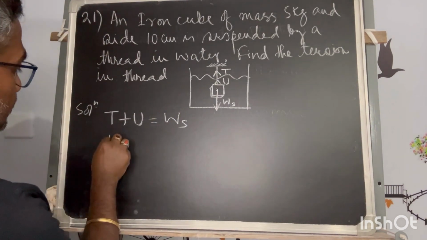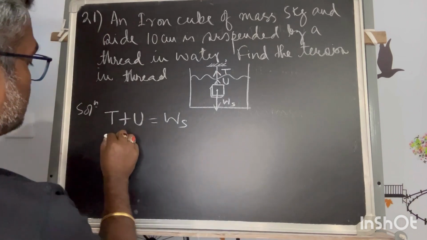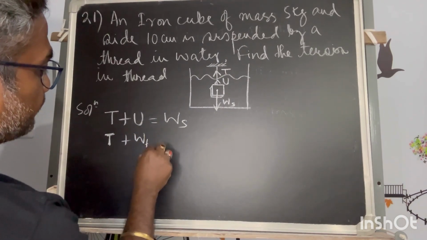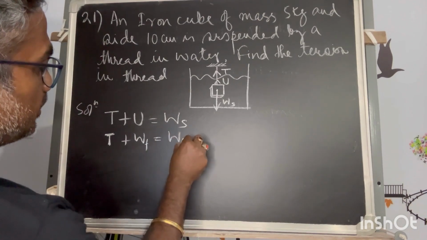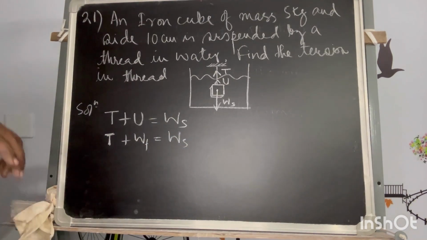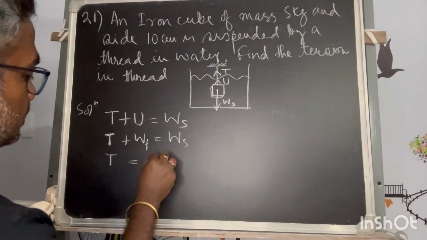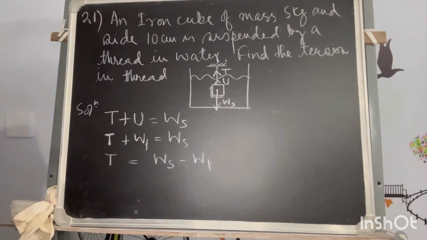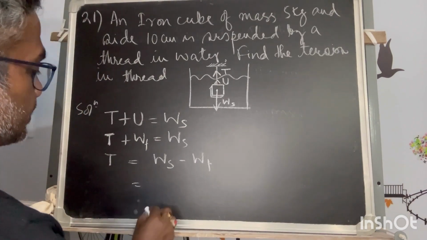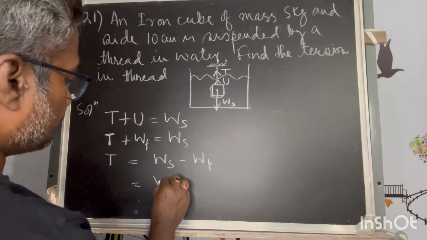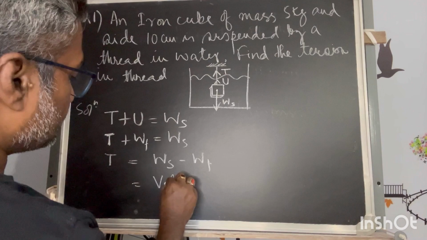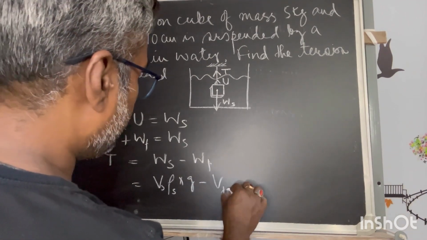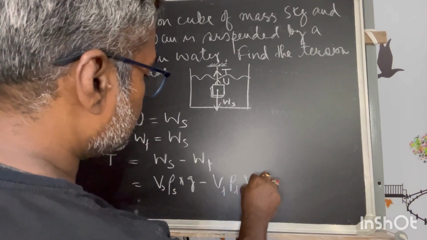As it is submerged, the tension plus the buoyancy, the weight of the fluid displaced by the solid, will be the same. So T is equal to the weight of the solid minus the weight of the fluid. In both cases, weight is equal to volume of the solid times rho of solid times g, minus volume of the fluid times rho of fluid times g.